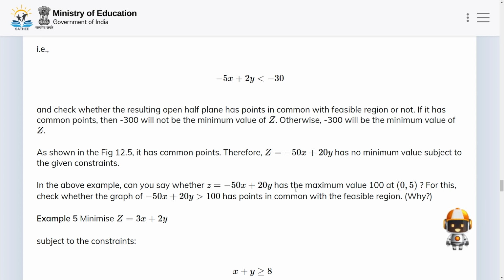To get this answer correct, you have to explore on your own and check whether minus 50x plus 20y greater than 100 has points in common with the feasible region. Then the same logic will be applicable here.